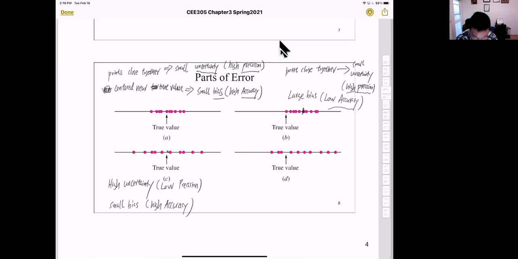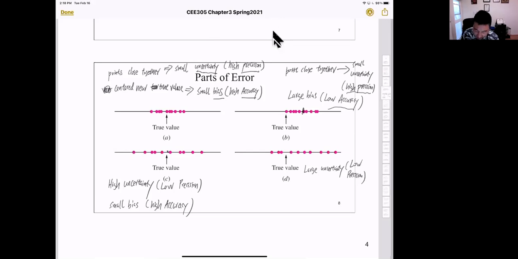And case D, the spread is big, the 10 measurements are very different to each other. So we say that it has a large uncertainty, or low precision. The bias is also large.